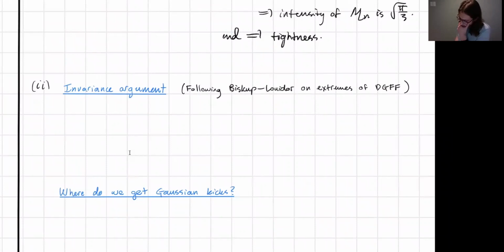This argument was developed by Marek Biskup and Oren Louidor when they did their work on the distribution of extremes, the high levels of the discrete Gaussian free field. This goes back to that literature on maxima for log-correlated fields. They have this strategy to describe the distribution of extremes of a Gaussian process, and it uses a consequence of a theorem of Liggett.